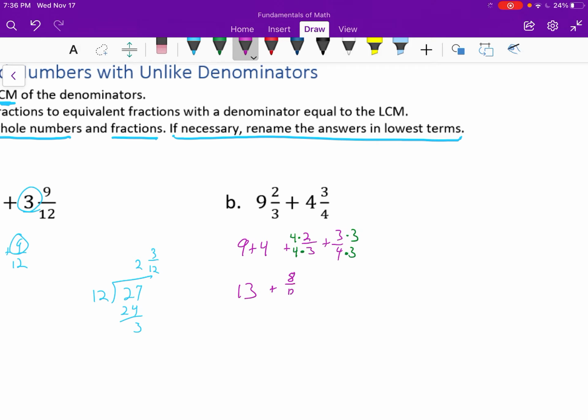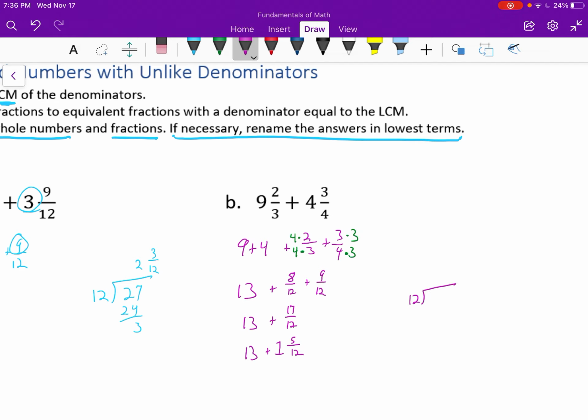So this is 8 twelfths plus 9 twelfths. So now we still have this 13 here plus 17 twelfths. 17 twelfths, probably can do this in our mind here. This is still our 13. 12 goes into 17 once. And we have 5 twelfths left over.